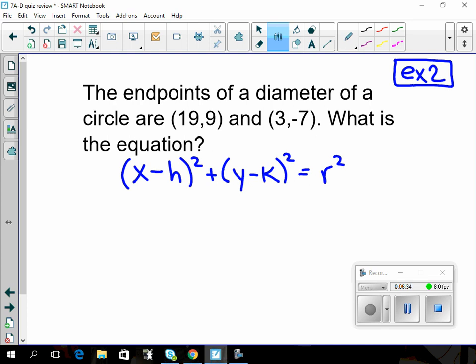Right? That's the formula for just the equation of a circle. We need to plug numbers in for all of the things that I've highlighted. Do you agree? Okay. Let's start with the center. Fair enough? Let's find the coordinates of h, k, which is the center of my circle.